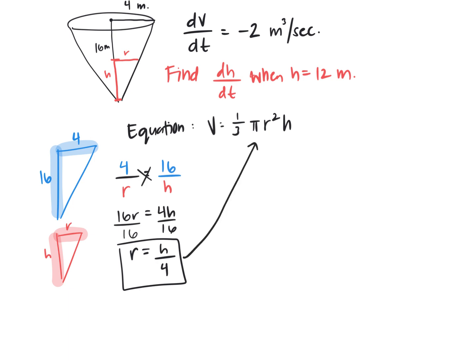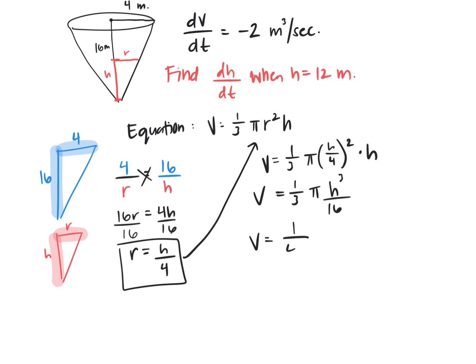So my equation that I have now is 1/3 pi times h over 4 squared times h. So let's simplify that before I take the derivative. I've got 1/3 pi times h cubed over 16. I can simplify one more time, take that fraction out in front.